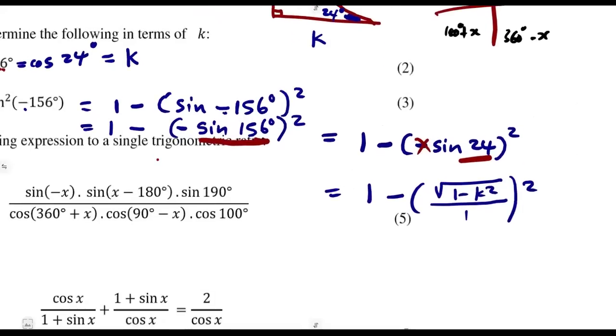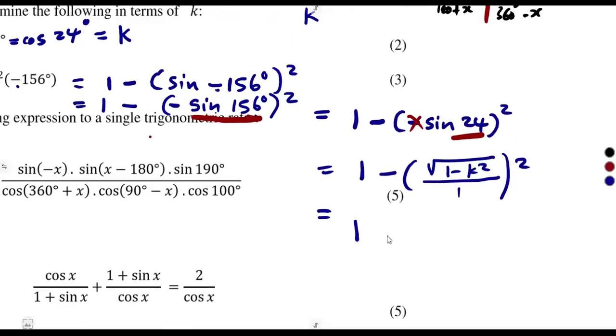Remember, guys, when you square a square root like this, you're just removing that square root. It is automatically removed. So it was going to be minus 1 minus k squared. Remember, we have removed the square root. Over 1, does it affect? Does not affect at all.